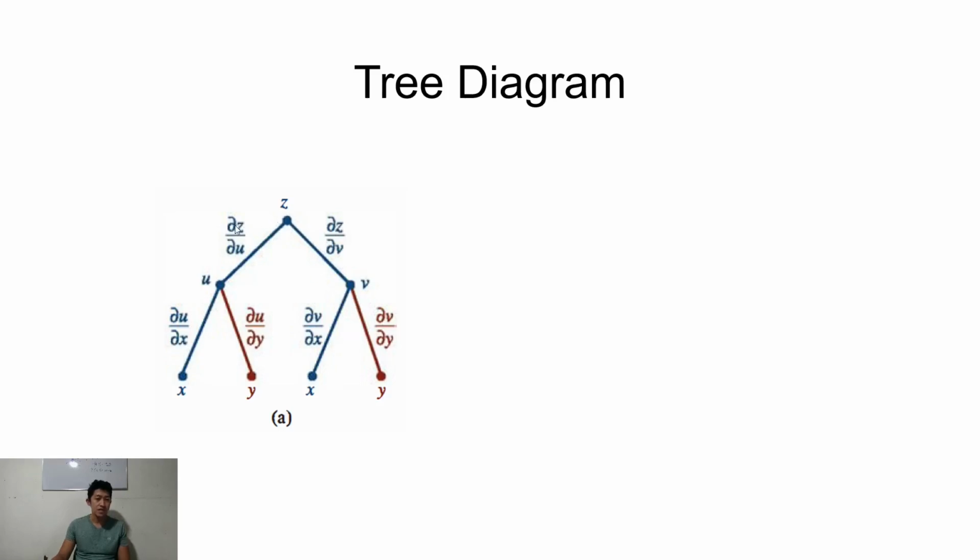Kani, so ito, partial of z with respect to u times partial of u with respect to x plus partial of z with respect to v times partial of v with respect to x. So, kaning duha, multiply plus kani. Kung with respect to y, partial of z with respect to u times kani, plus kani.